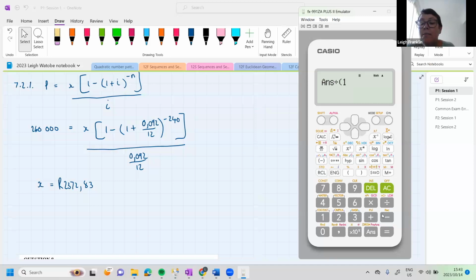So it's 1 minus, bracket again, 1 plus, fraction button, 0.092 over 12. Now you're going to come out of here, press your bracket, put in your minus 240. And then you've got to close your bracket again, okay, Josh? Because if you open a bracket, you've got to close it. It will always give you an error message if you don't close that last bracket. And there you go, there's our answer.